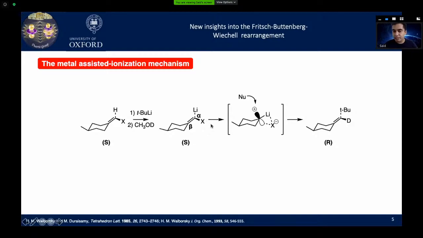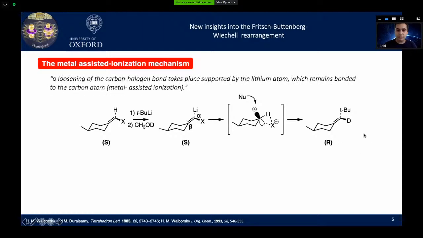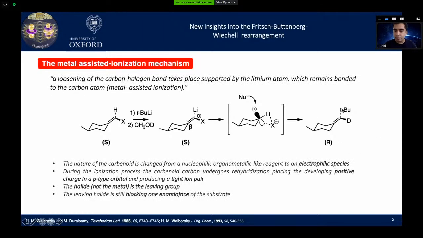This reaction forms the corresponding product with inverted configuration. So this means that the nucleophile attacks a specific face of the carbenoid, anti to the leaving atom.